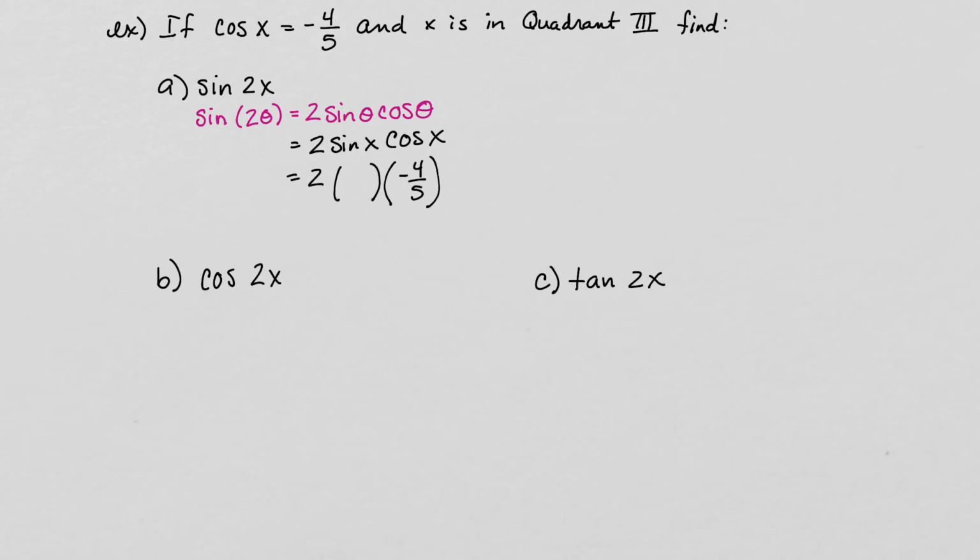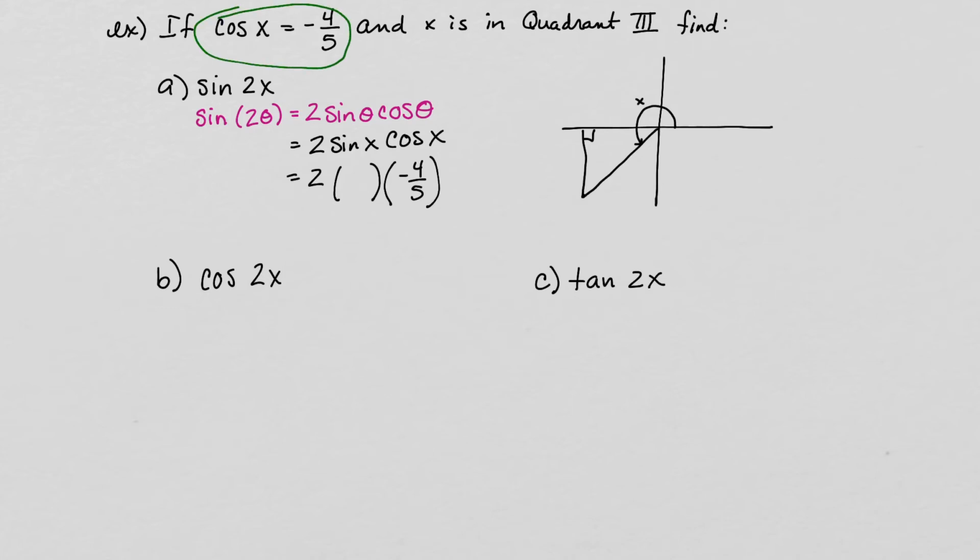They told me that our angle x happens to be in the third quadrant. So I have some angle that's coming down here, we're calling this x, in the third quadrant. And they told me that the cosine of x is equal to negative 4/5.